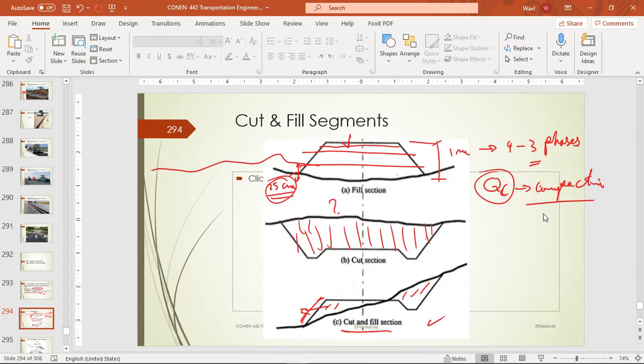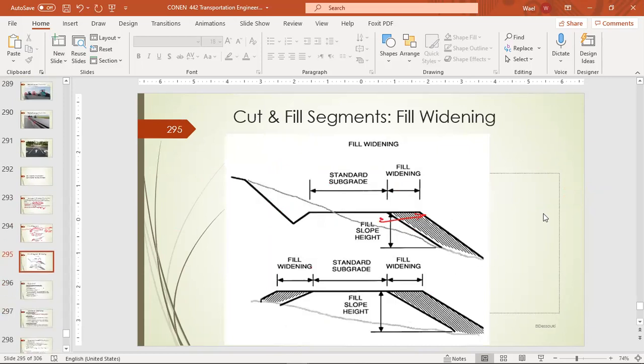That will be the optimal condition, so you don't have to worry about disposing of this amount of cut. That's another example for cut and fill. And usually if there is a fill here, we add more fill widening to stabilize the main fill.